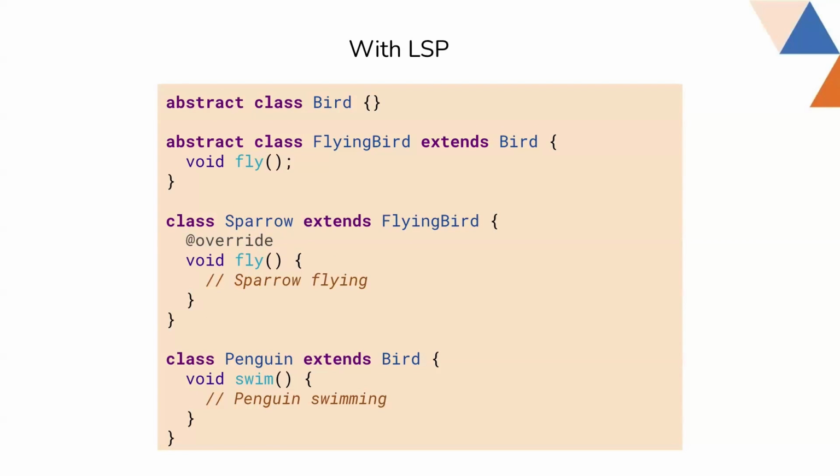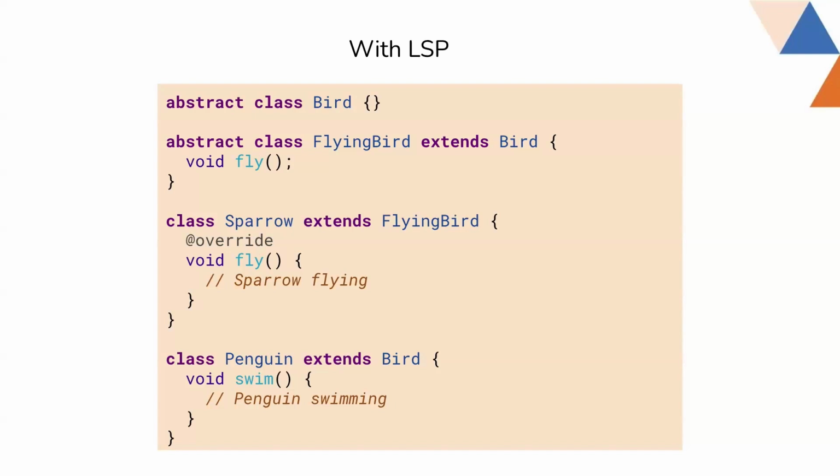The FlyingBird has the fly method and extends Bird. In the same way, at the bottom we have two different classes, the Sparrow and the Penguin, but these are not extending the same class. The Sparrow extends FlyingBird, because in FlyingBird we are extending Bird and that has a separate method. You see the two examples.